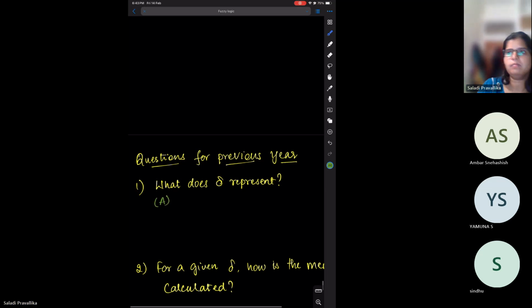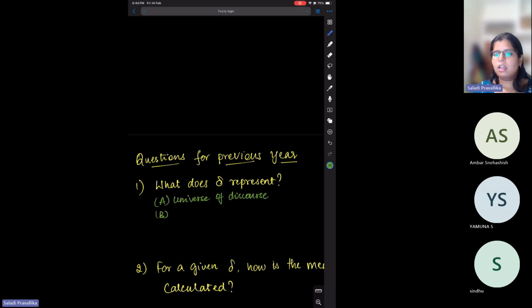Option A, the universe of discourse for fuzzy sets A and B. Option B, the maximum membership value between fuzzy sets A and B. And option C, the difference between the corresponding generic variables of fuzzy sets A and B.